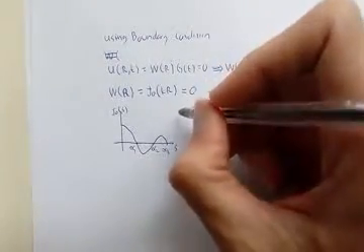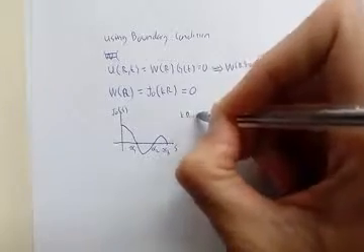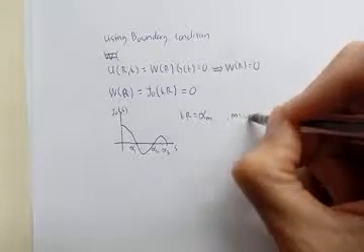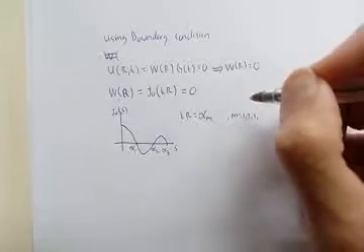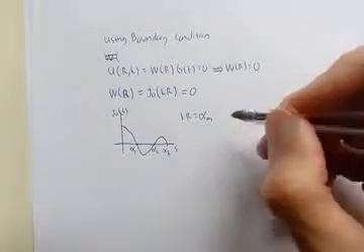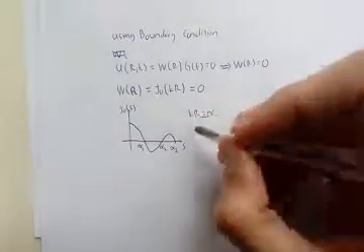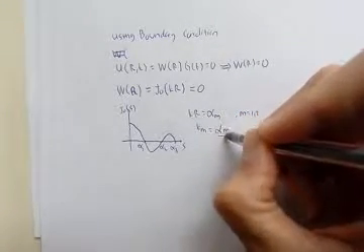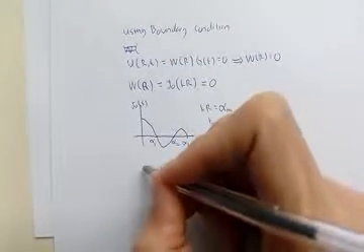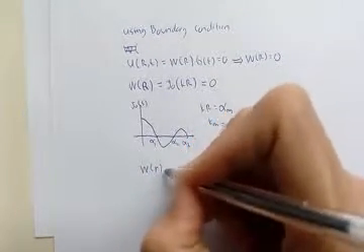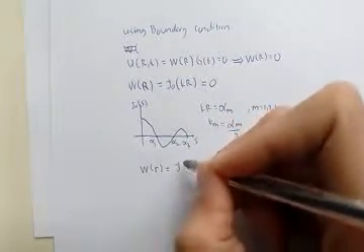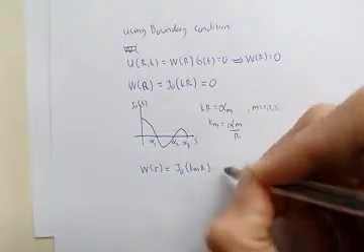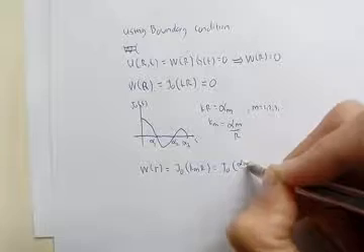So kR will equal alpha m, when m equals 1, 2, 3, etc. Okay, so we have the solution, or we can say k_m equals alpha m over R. So we have the solution W(r) equal to J naught of k_m r, equal to J naught of alpha m over R times r.